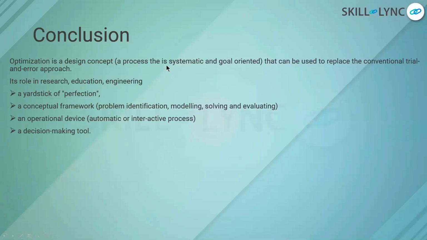You try this, and if it doesn't work, you try something else. Whereas the optimization approach is a very systematic process, and it has a very important role in research, education and engineering, because it can be used as a yardstick of perfection. You are arriving at a perfect solution when you solve an optimization problem.